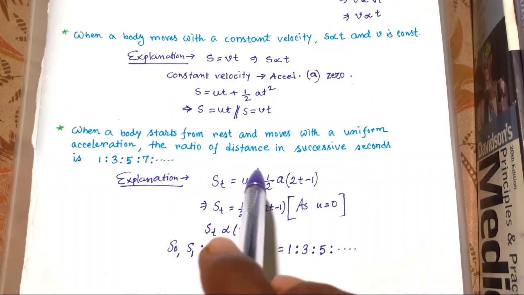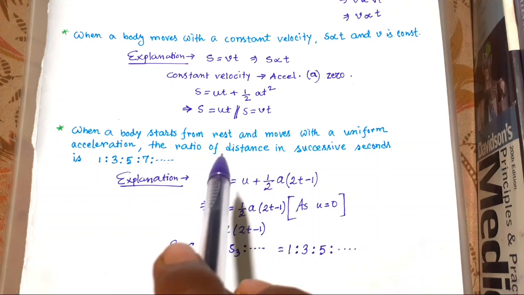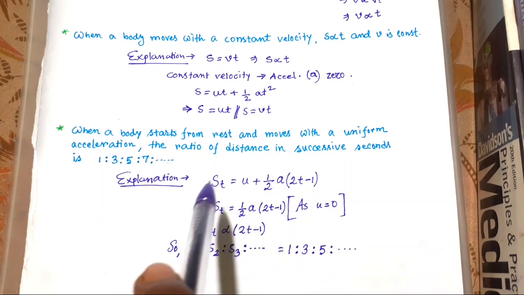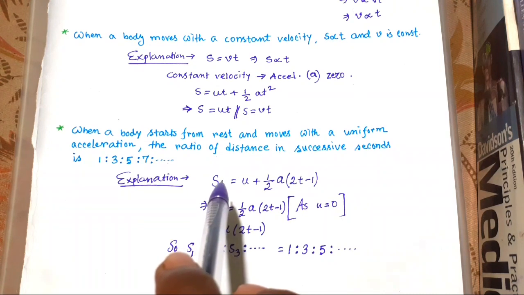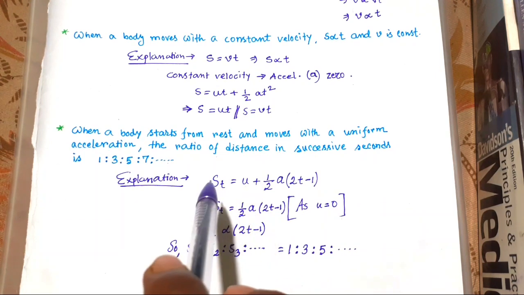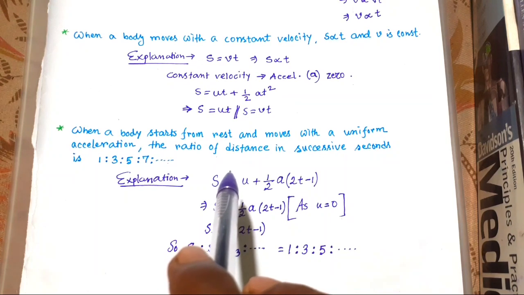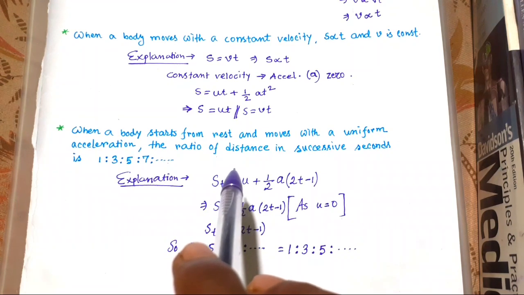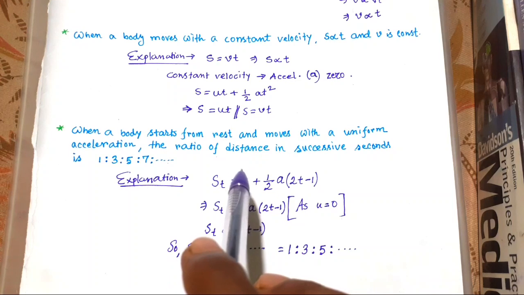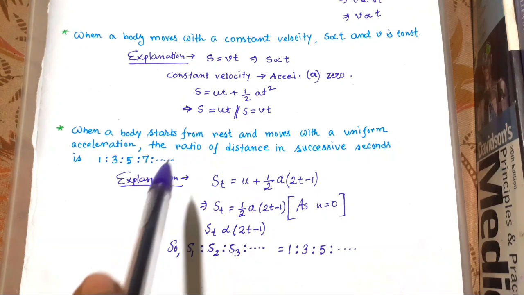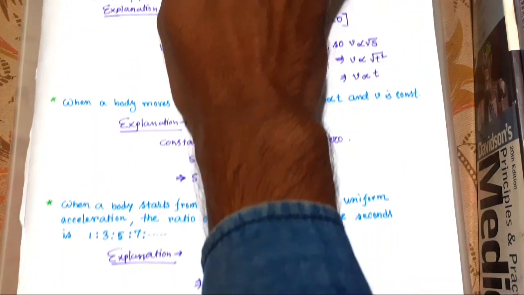If t equals 2, that means distance traveled in the second second. If t equals 3, then it means distance traveled in the third second, not first 3 seconds, okay, not 2 seconds, okay. This is the difference from the above formula.